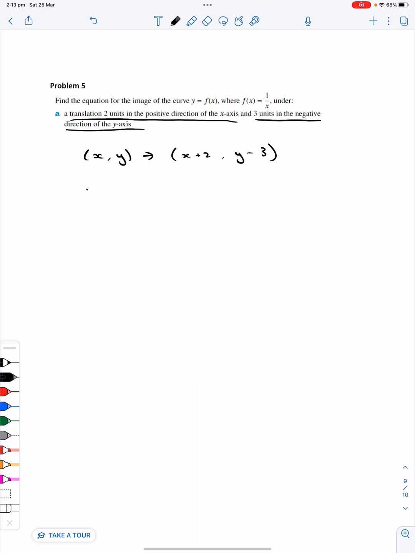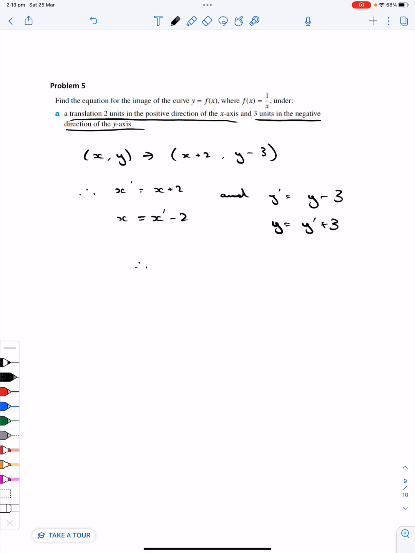Therefore, x image equals x plus 2, and we can write x as x image minus 2, and y image equals y minus 3, and we can write y as y image plus 3.